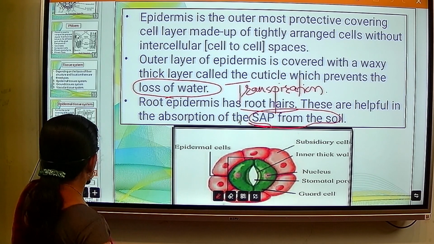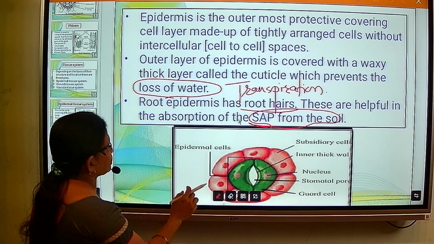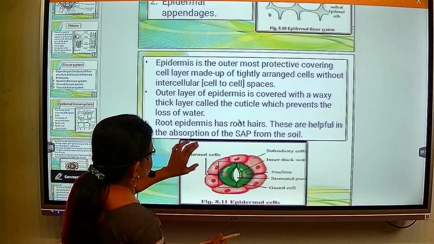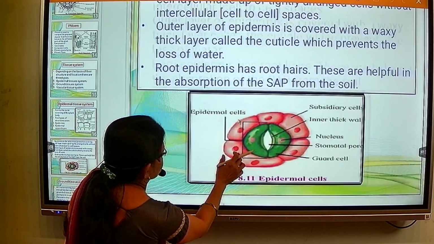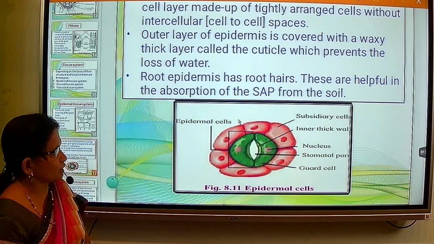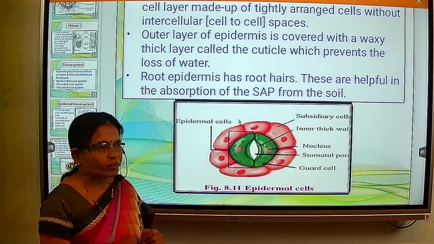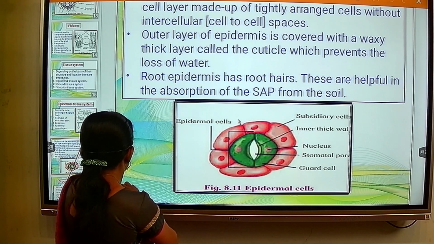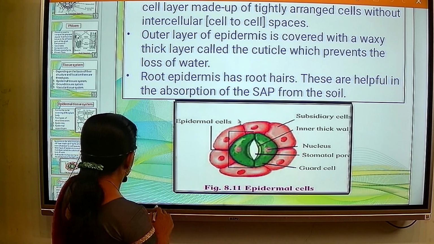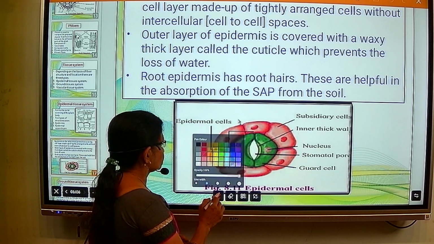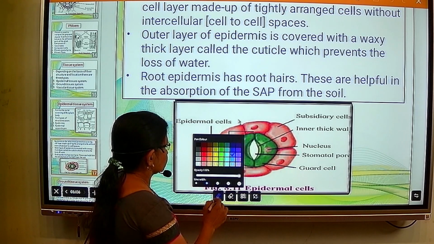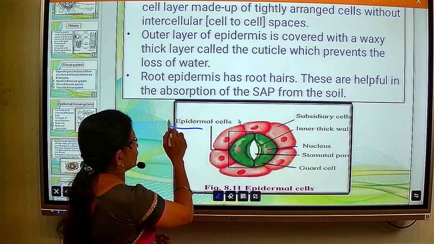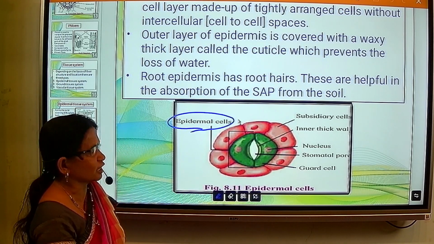In the case of epidermal cells, this one is the figure, see. In the case of stomata, here epidermal cells are present. These are the epidermal cells which are present here.